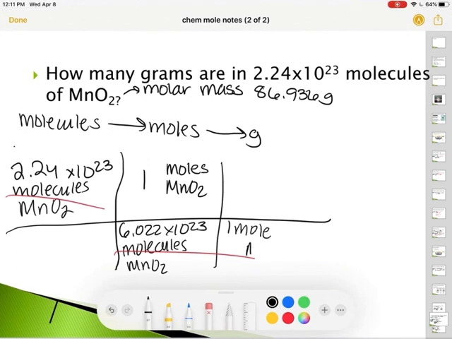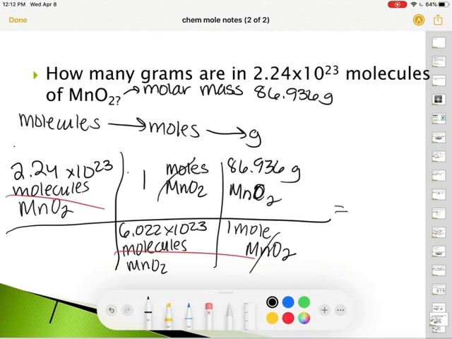In 1 mole of MnO2, there are 86.936 grams of MnO2. Okay, so now moles is gone. So 2.24 times 10 to the 23rd divided by 6.022 times 10 to the 23rd times 86.936. Okay, that's going to give me 32.3 grams of MnO2.